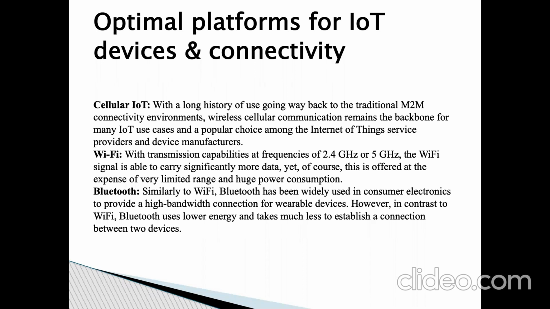As you can see here, optimal platforms for Internet of Things devices and connectivity. There are several Internet of Things options, Wi-Fi and Bluetooth. They're going to be used in the future in our applications for Android and iOS. Next one, please.